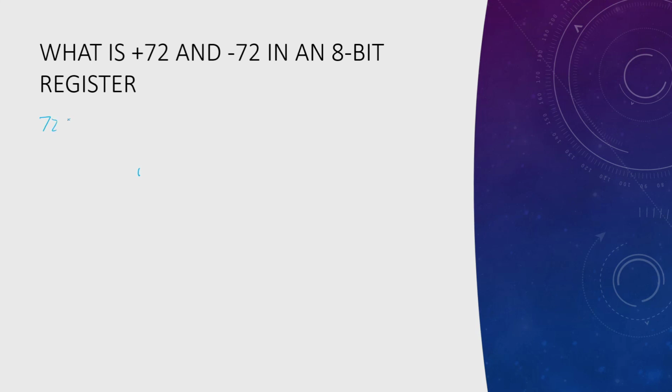So 72 equals 64 plus 8, which is 2 to the 6 plus 2 to the third. We're using an 8-bit register. 1, 2, 3, 4, 5, 6, 7, and 8. 2 to the 0, 2 to the 1, 2 to the 2, 2 to the 3, 2 to the 4, 2 to the 5, 2 to the 6, and 2 to the 7.